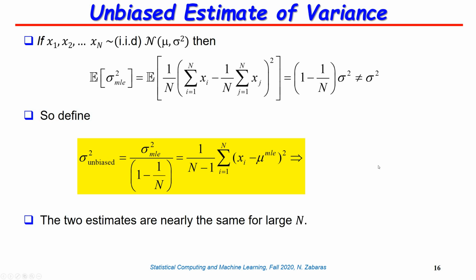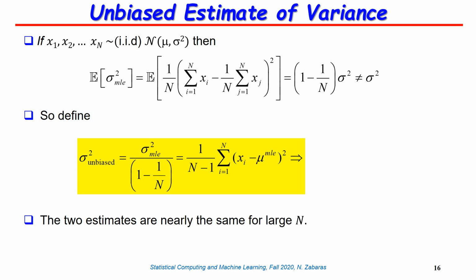Computationally speaking, when n is very large, it makes no difference. But in small data settings, which will certainly be the case when we do Bayesian inference, this will make a significant difference.